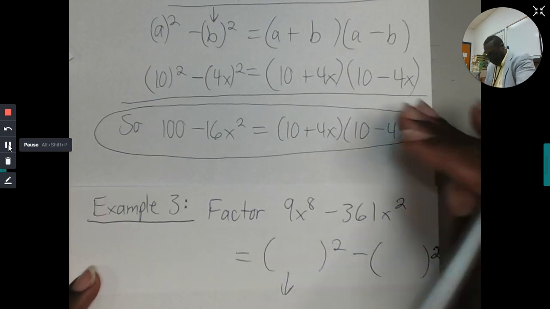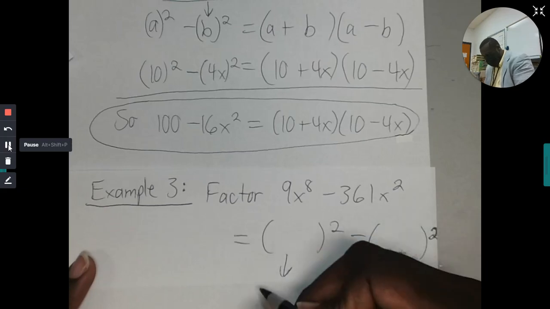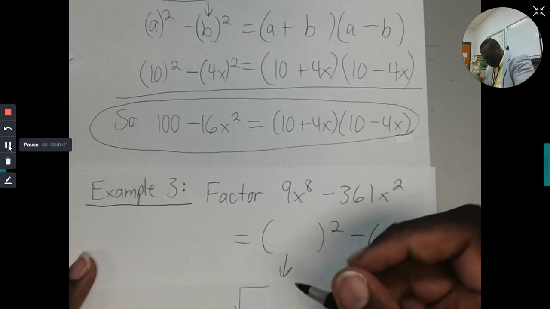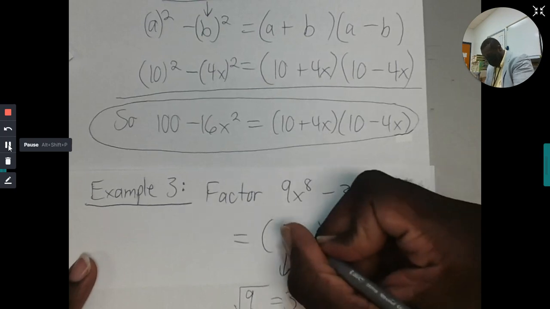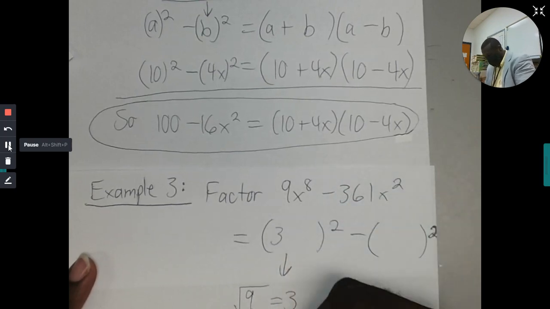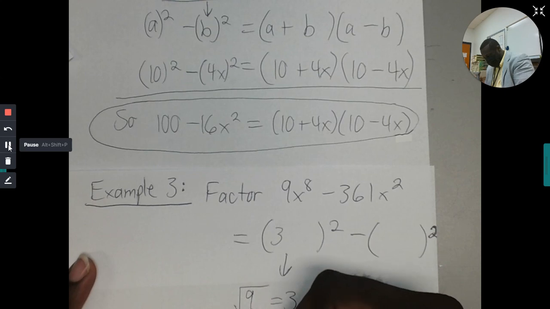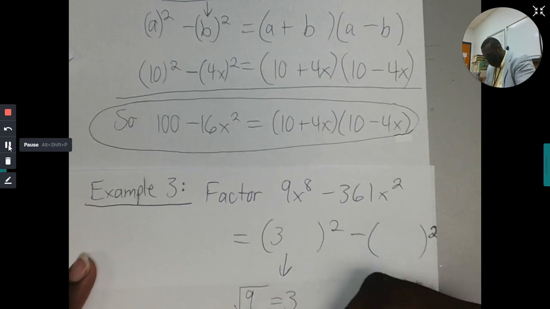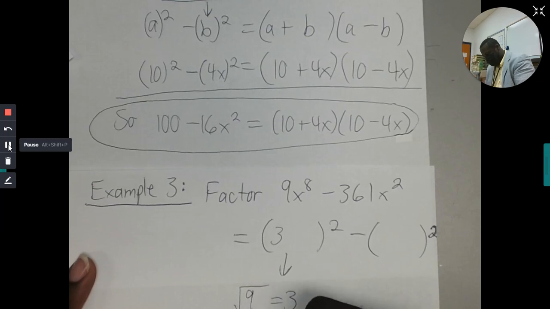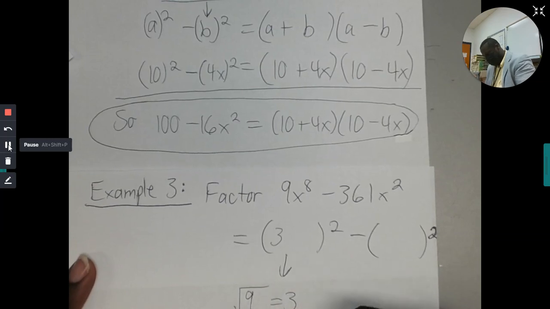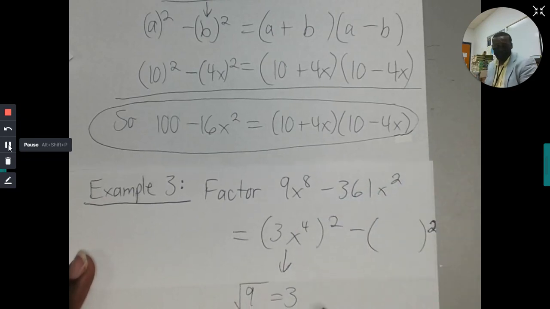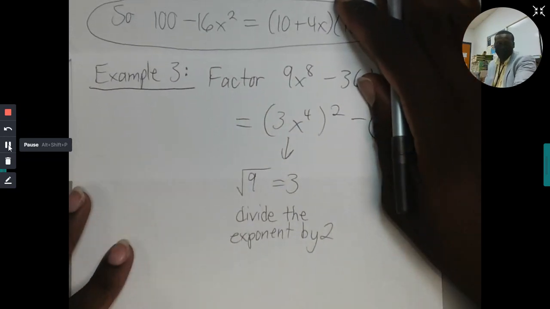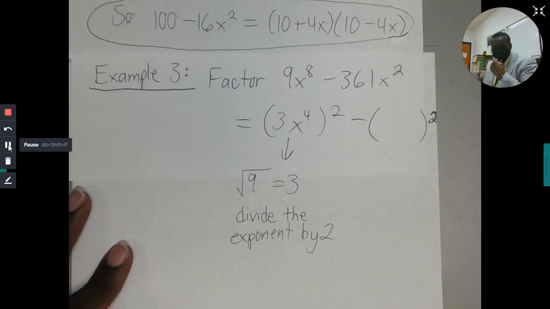And so to figure that out, remember you can take the square root of those numbers, like the square root of 9 is 3, right? And you can divide the exponent by 2. So that'll be x to the 4th power that goes there if you divide the exponent by 2.